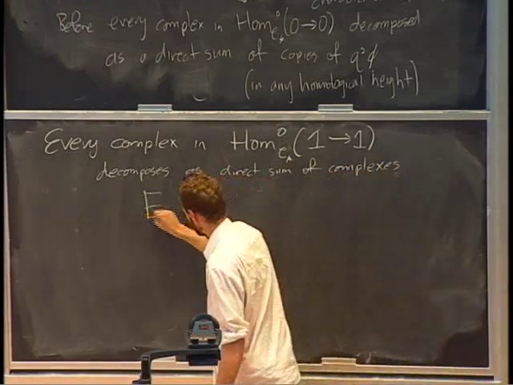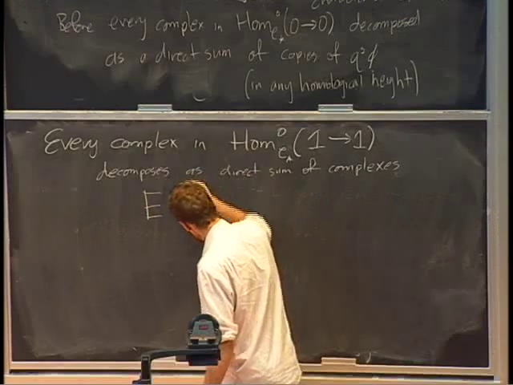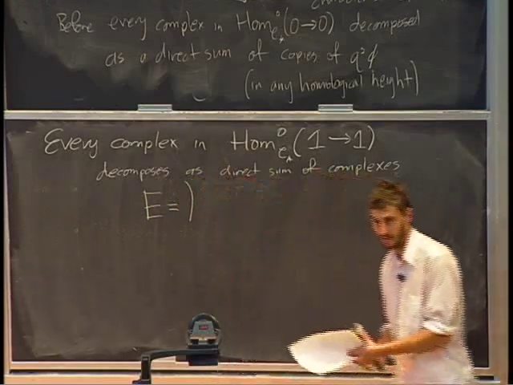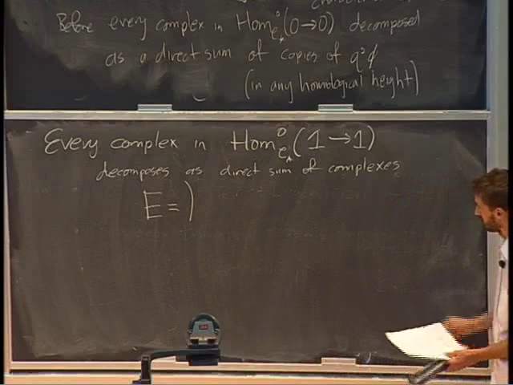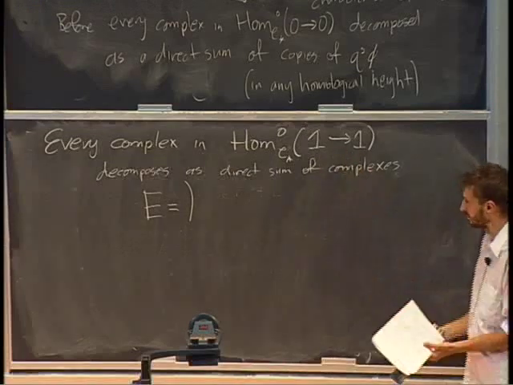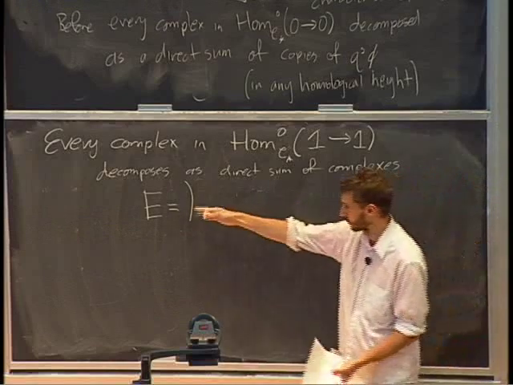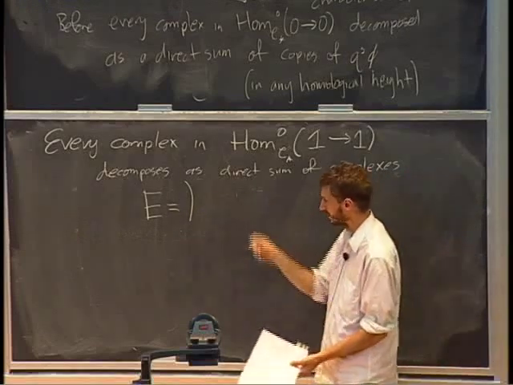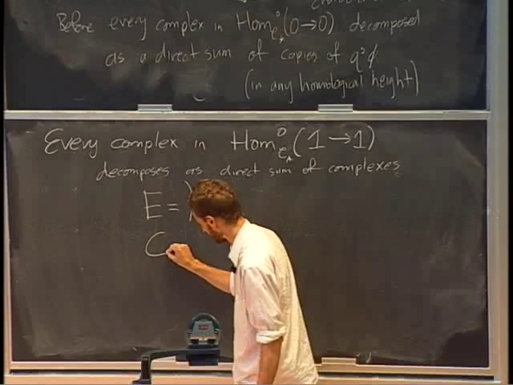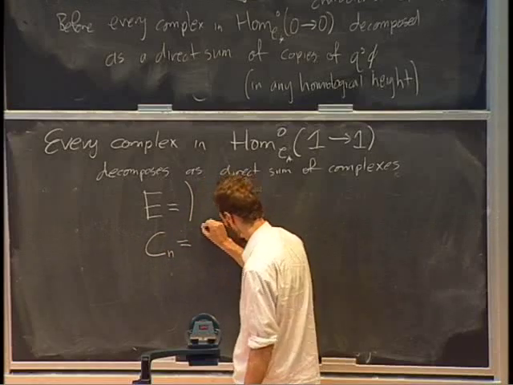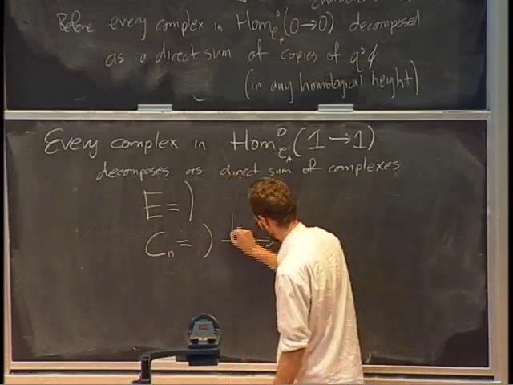So we'll give these guys names. E, that's just a single step complex. The object is just a single strand that's in this Hom space. No differentials, but you can put this in any Q grading. You can multiply it by Q to the S for any S, and you can put it in any homological height. And the other complexes you get are C sub n, which look like this.